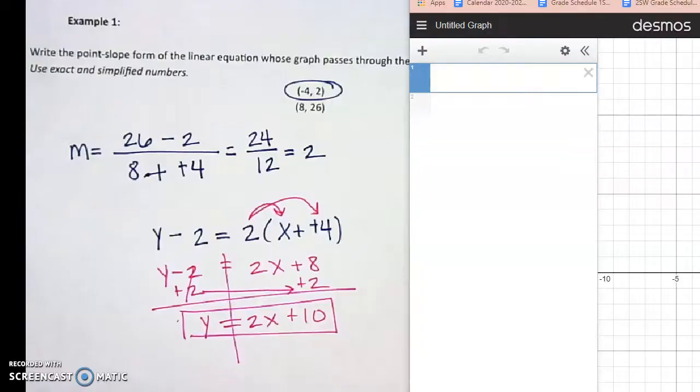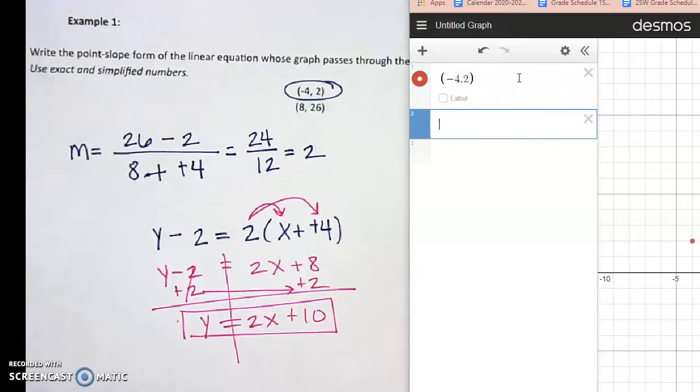Now I'm going to show you guys how to check your answers. So you can go to desmos.com like we normally do, and you're just going to plot your points, okay? So you're going to click on the first line and plot your points. And it's going to be -4, 2, and then go to the next one, and we're going to put 8, 26. All right, so we have both points right there.